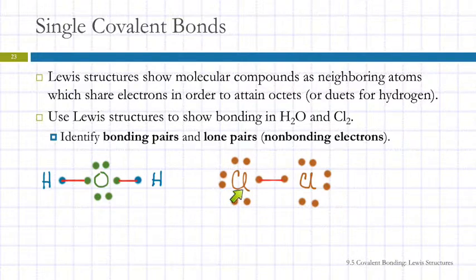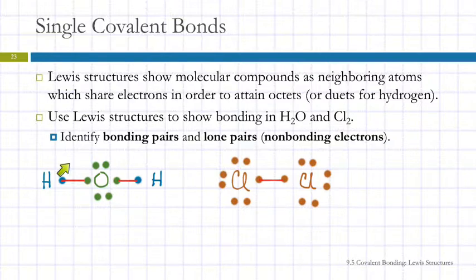So this chlorine looks at herself and says, well, the shared electrons belong to me. 2, 4, 6, 8. I'm good. This chlorine says the shared electrons belong to me also. 2, 4, 6, 8. I'm good. This is why chlorine forms a diatomic molecule instead of being individual chlorine atoms. Because by forming this molecule, its energy is lowered. Any questions?